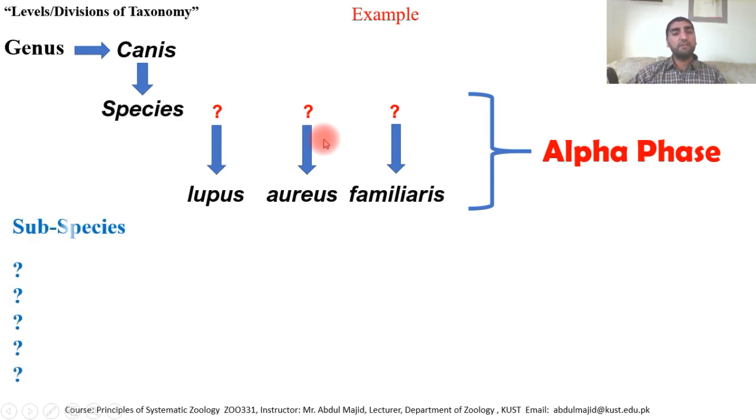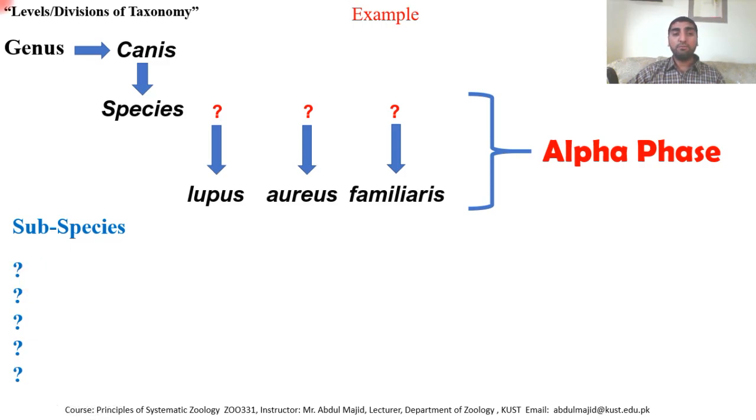Now again, not all species have subspecies. There are monotypic species and polytypic species. Monotypic species are those which do not have any subspecies, and polytypic species are those which have subspecies. Some species have subspecies and some do not. For example, if lupus has subspecies 1, 2, 3, 4, 5, but again you don't know them, what will you do?